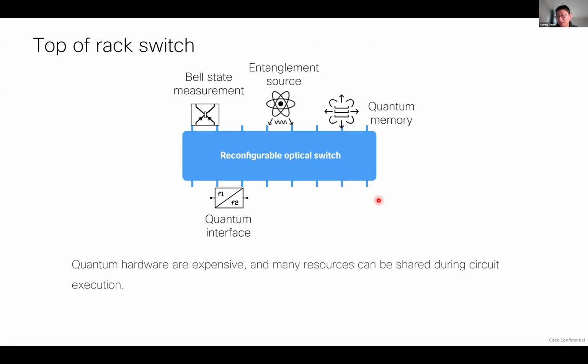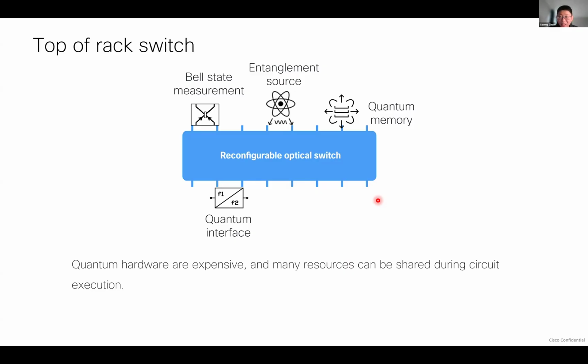That means each rack has multiple QPUs, but we only have one central switch with all the shared quantum resources. This is mainly because, first, quantum resources are very expensive. Having multiple resources distributed on each QPU actually adds a lot of engineering overhead and cost overhead.